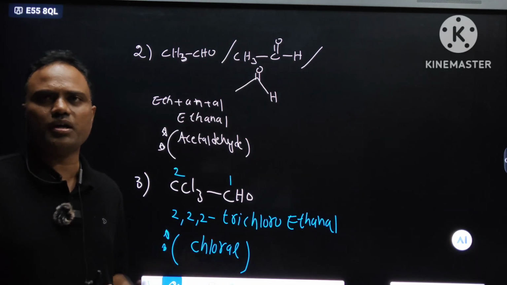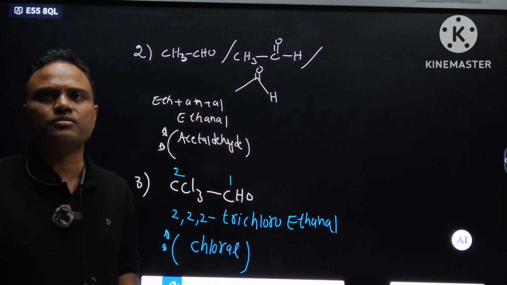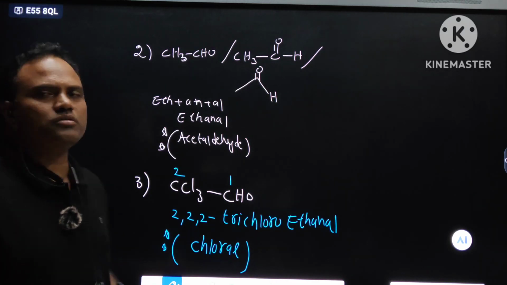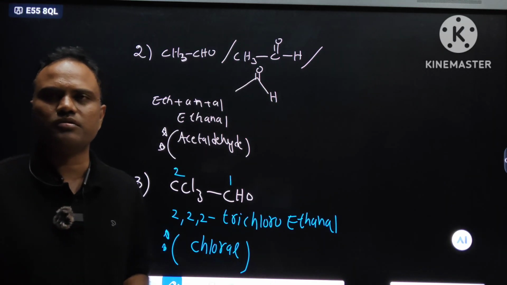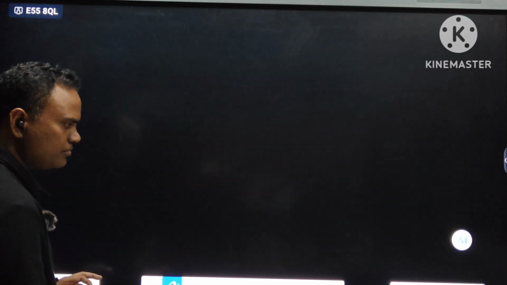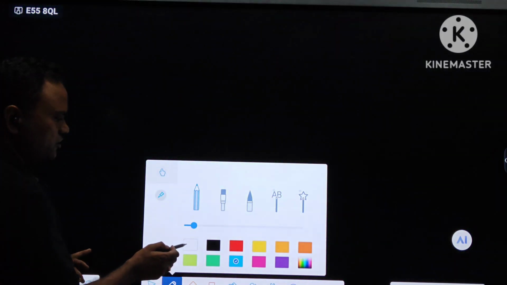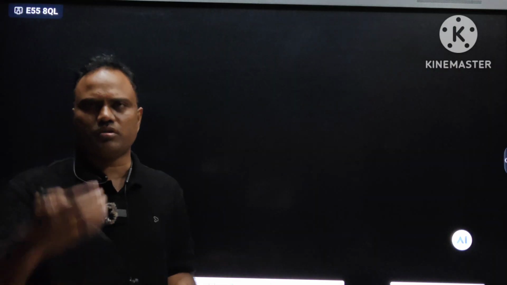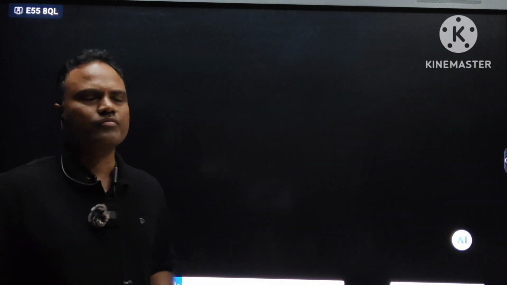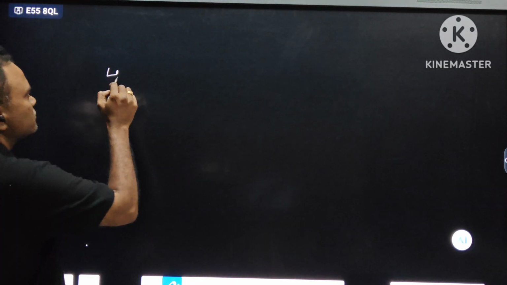Instead of that, can you manage? Or if you want to write the notes, then take screenshots and write later. That is good actually. You need not write the notes also. Just make one soft copy file, right? Because practice is also important, right? Day by day the syllabus is increasing.